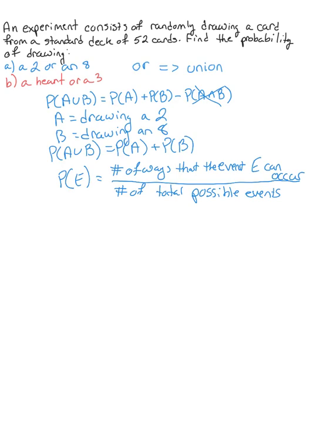So you can think of most probability questions this way. If we can figure out the number of ways the event can occur over the total number of possible events, then we can figure it out.